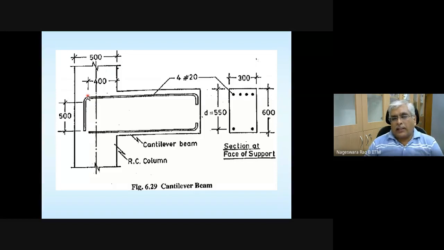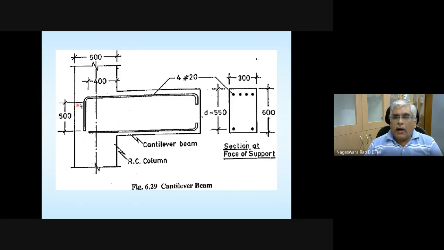So 400 plus 8 times 20 is what I get. But still it is falling short of 940 mm.